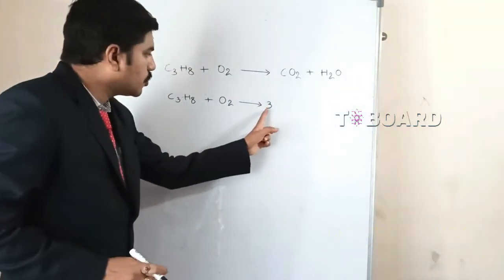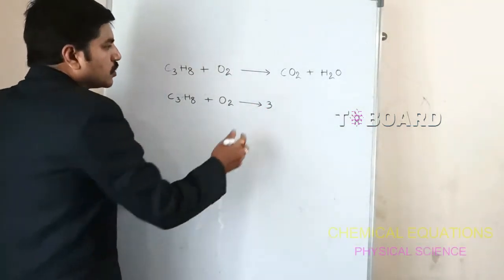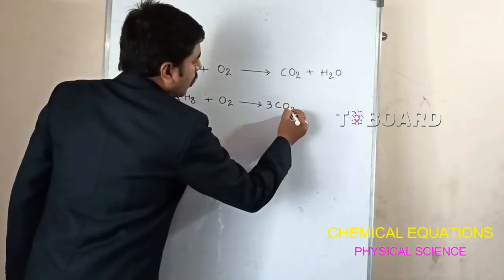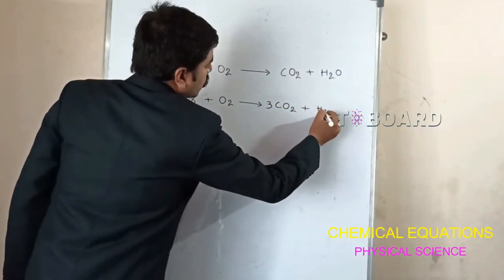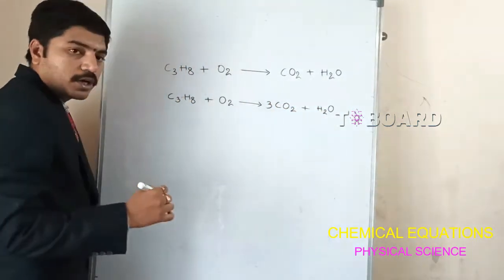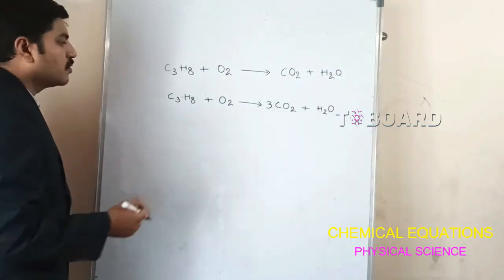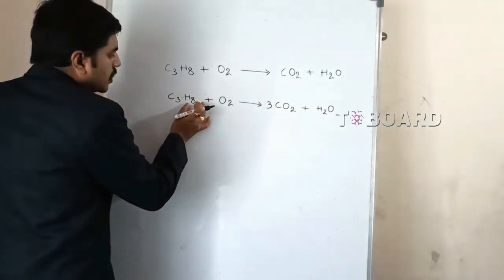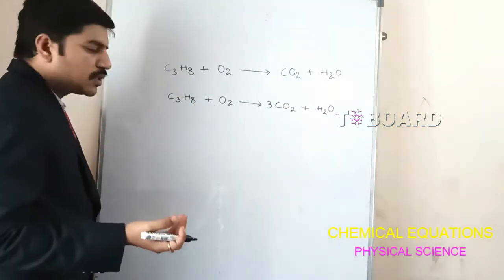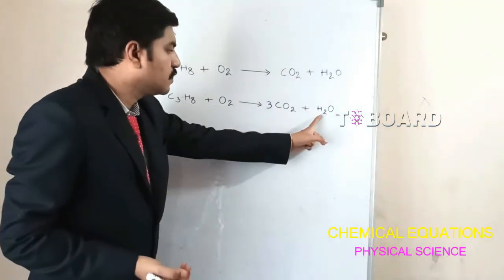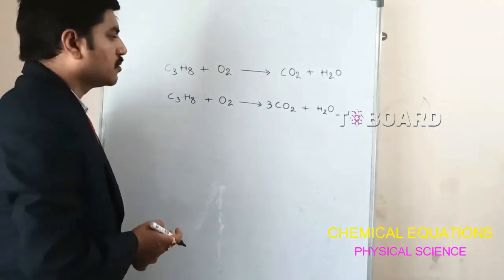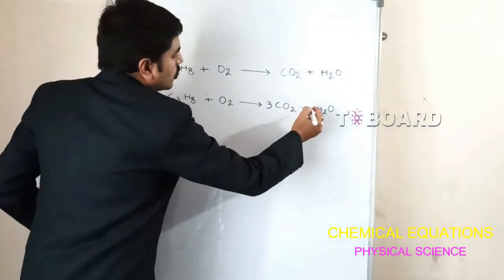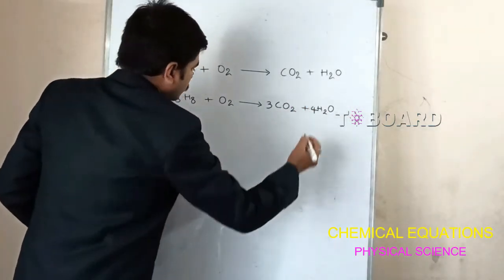So here also I am going to change it to 3: 3 CO2 plus H2O. Carbons are balanced, but what about the remaining terms? Now the hydrogens are 8 here, and here only 2 hydrogens are there. So I want to change it to 4, since 4 2s are 8.